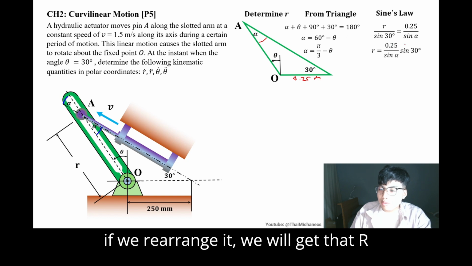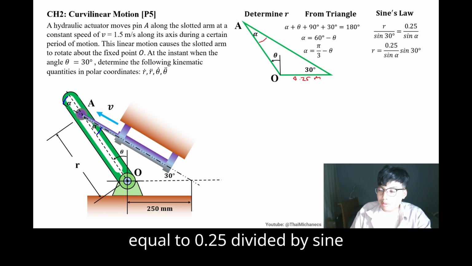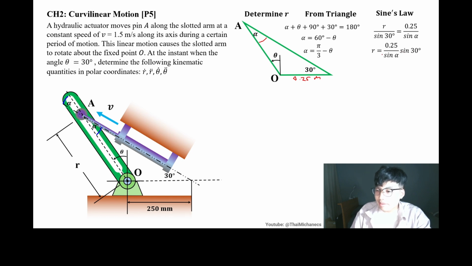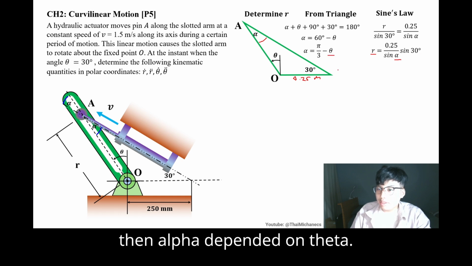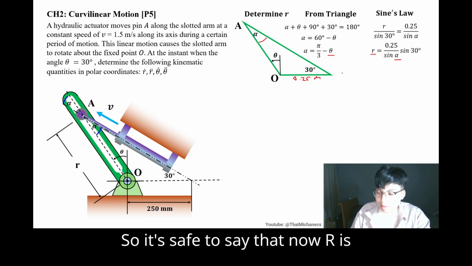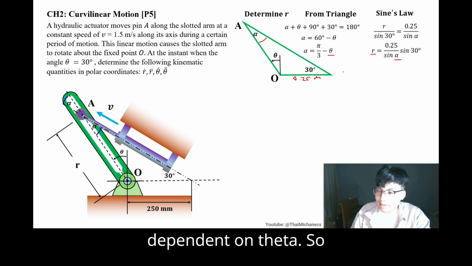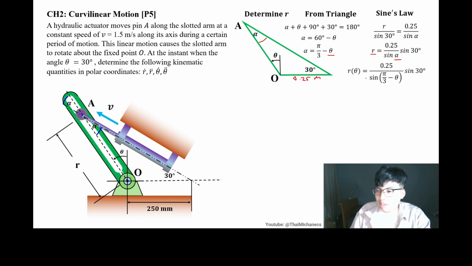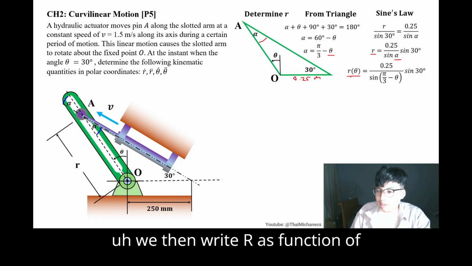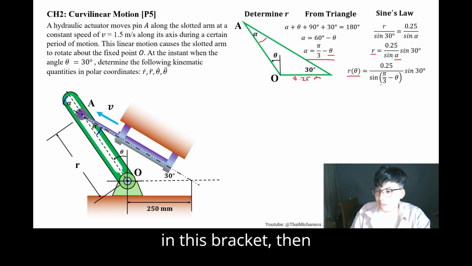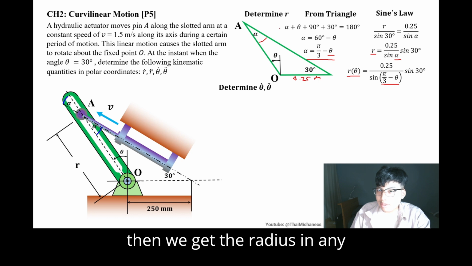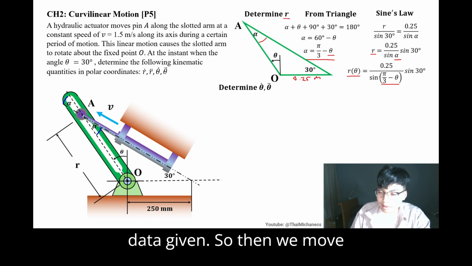If we rearrange it, we get r equals 0.25 divided by sine alpha, with the sine 30 degrees included. So r depends on alpha, and alpha depends on theta. So it's safe to say that now r is dependent on theta. We then write r as a function of theta shown here. Substitute alpha in this bracket, then we get the radius at any theta given.